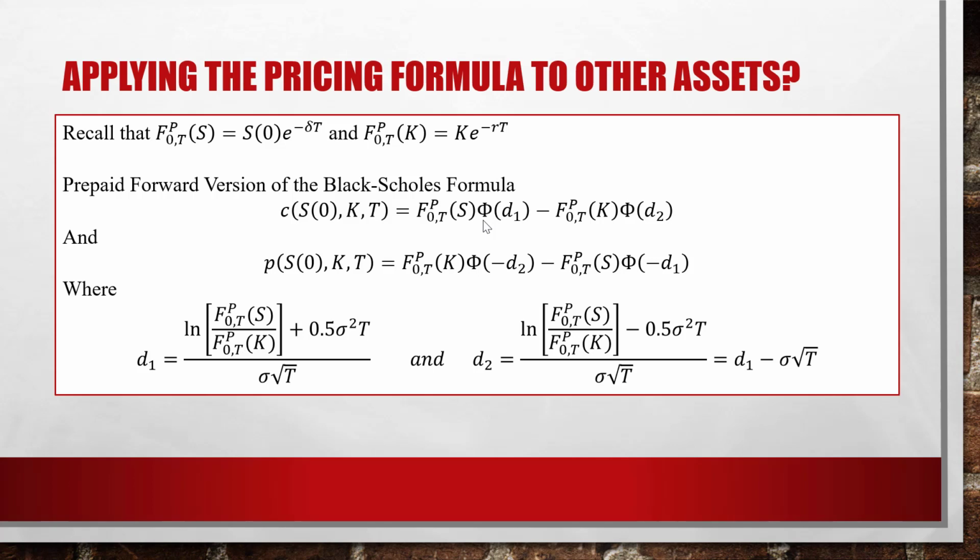The prepaid forward version of the Black-Scholes formula is the call option C(S, K, T) equal to F0,T^P(S) Φ(d1) minus F0,T^P(K) Φ(d2). Here Φ(d1) represents the expected value of the indicator function when the stock price is greater than K.